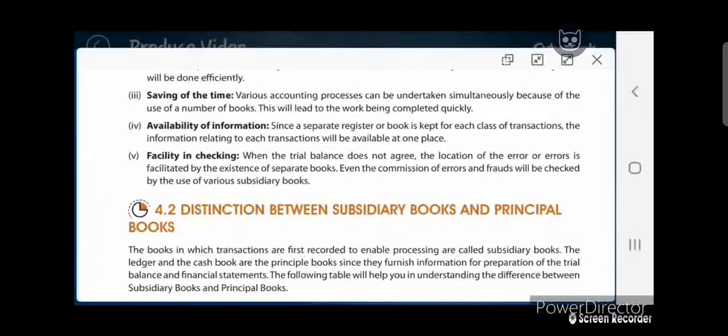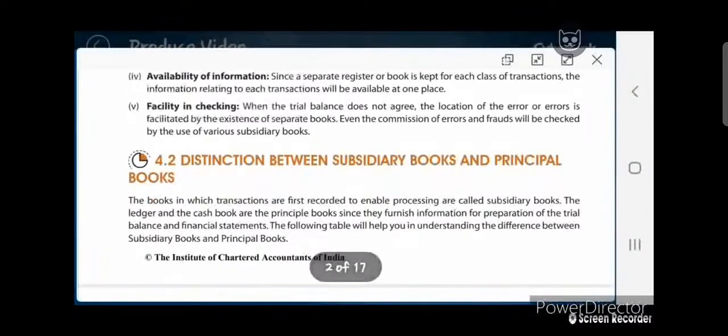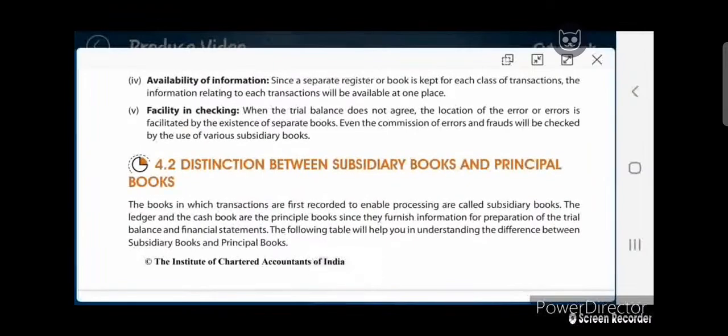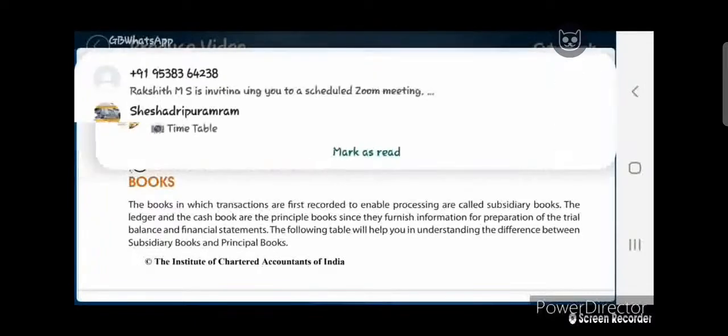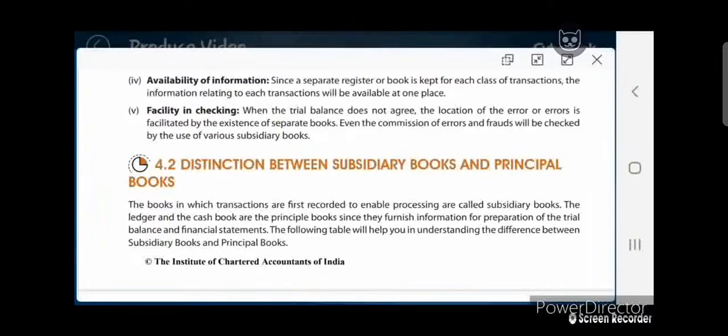After this is the availability of information. Since a separate register or book is kept for each class of transaction, the information related to each transaction will be available in only one place.